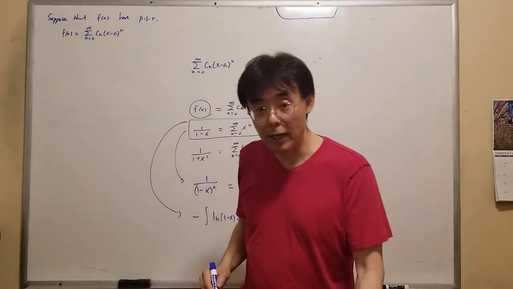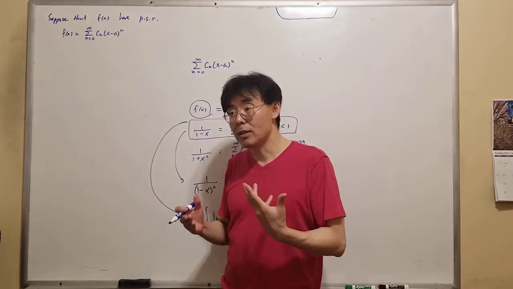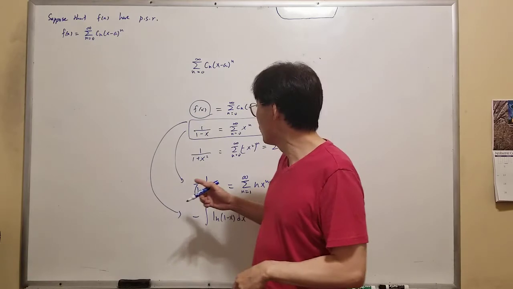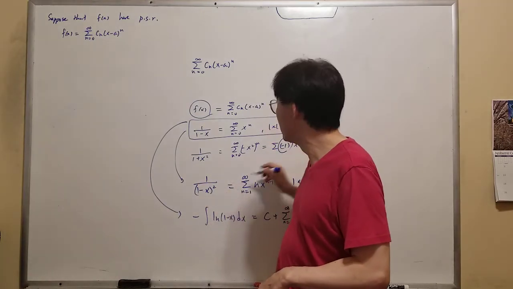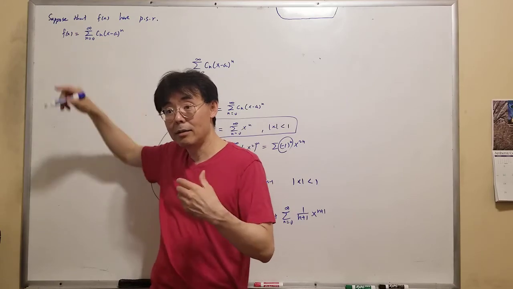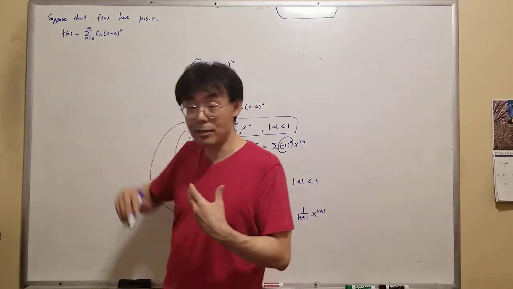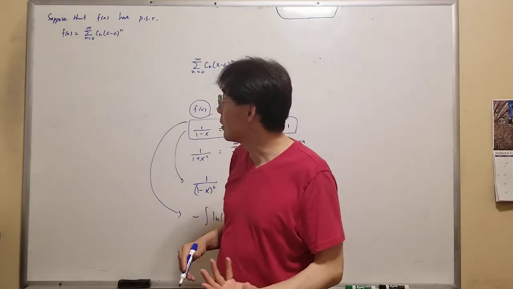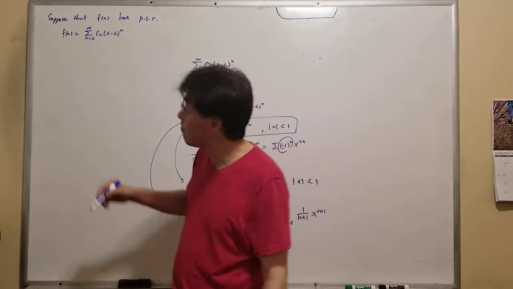Somehow we know, let's assume, that f of x has a power series representation. Then we want to know the coefficients, what kind of form c_n has as a function of n. This is our main question here. How do we get it?